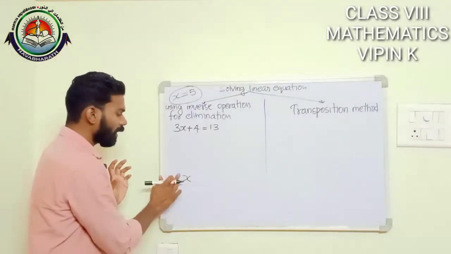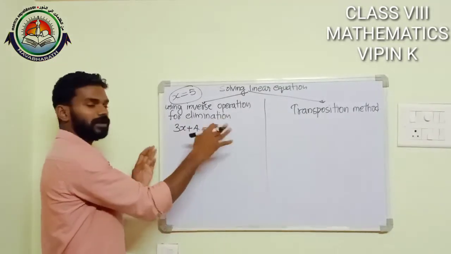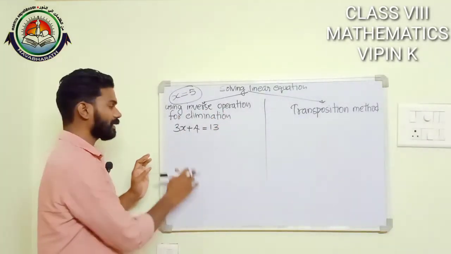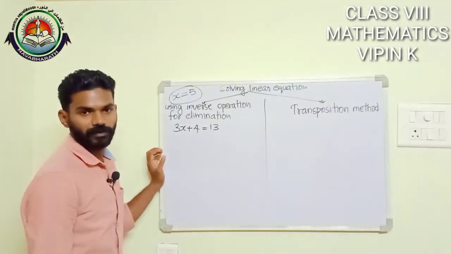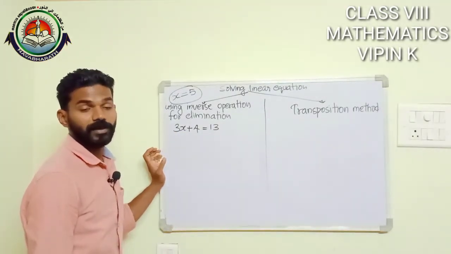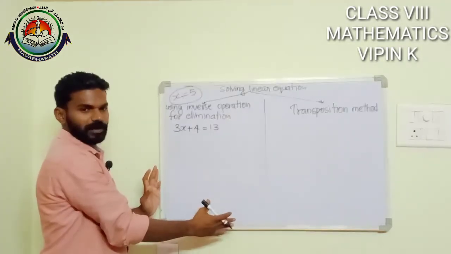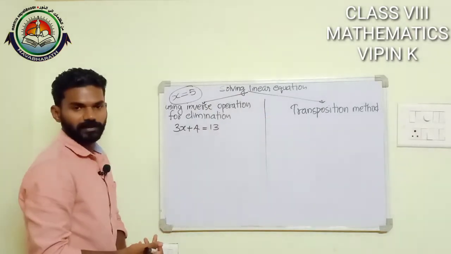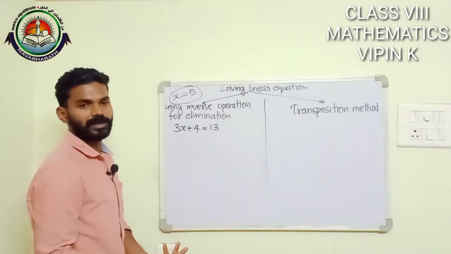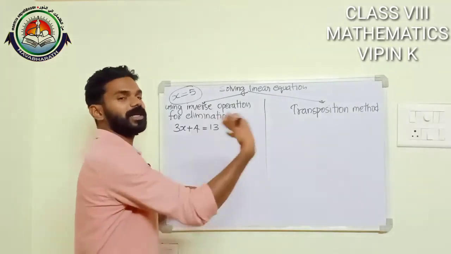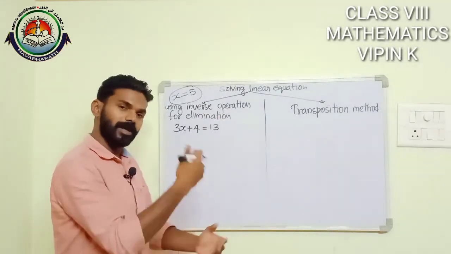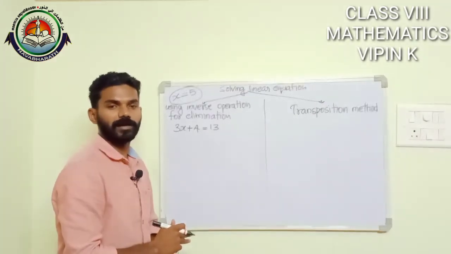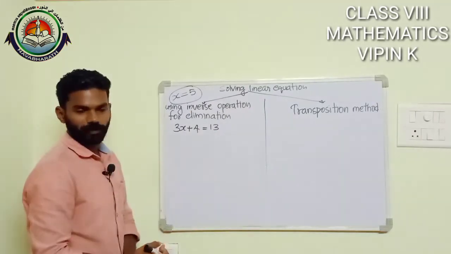So we need to eliminate all other things except the letter x. For that, in this first method we follow the inverse operation. Inverse operation means an addition can be cancelled by a subtraction operation. A multiplication can be cancelled by a division operation. Clear? That is what is meant by inverse operation.